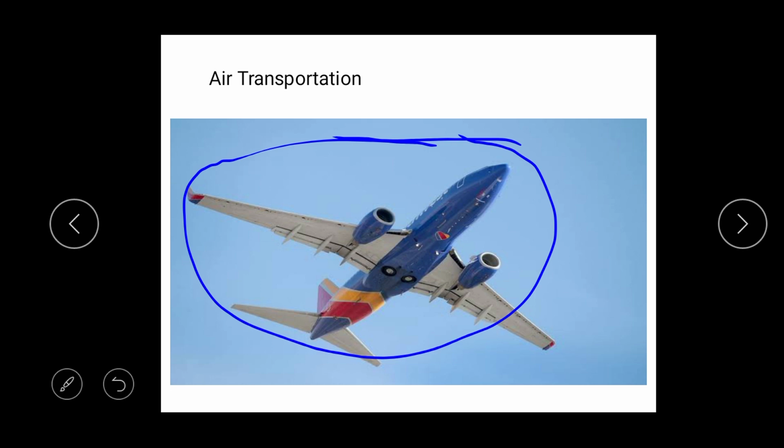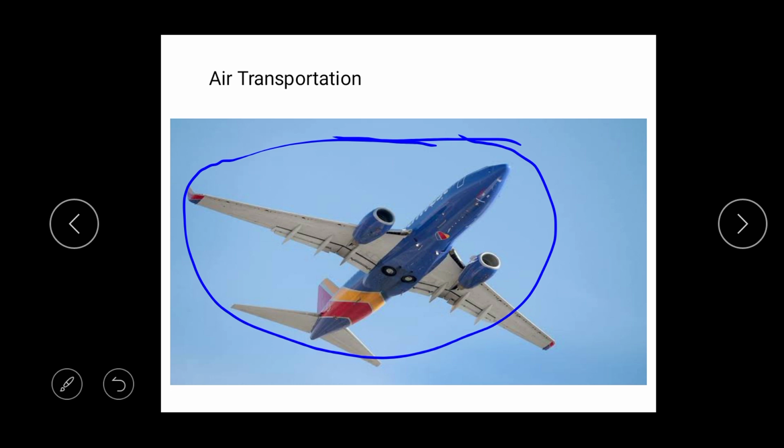And the place where the aeroplane takes off or lands is called an airport, okay? I'm very sure that you've been to an airport before. So the plane takes off and lands in an airport.